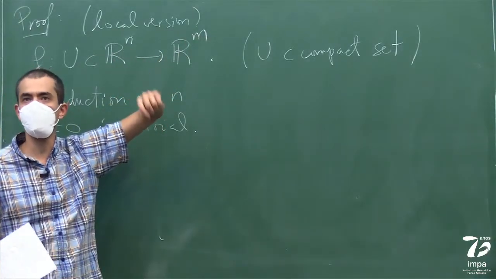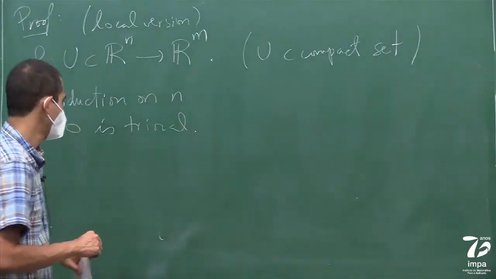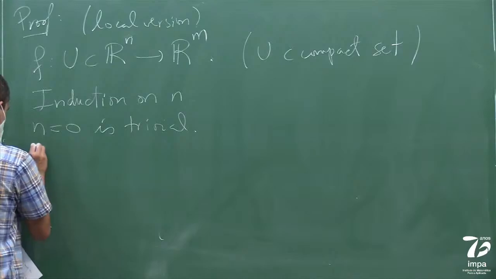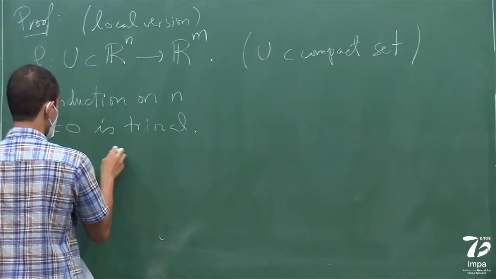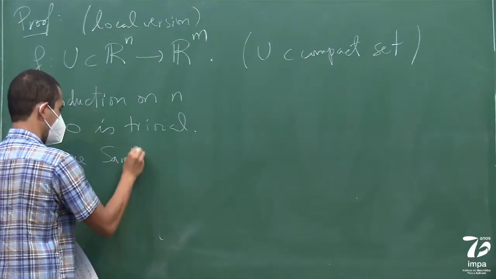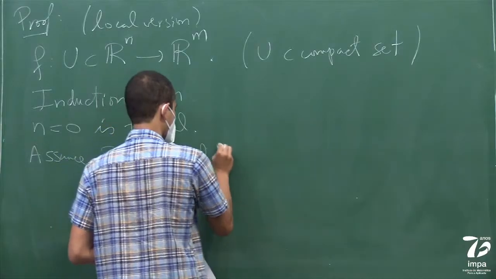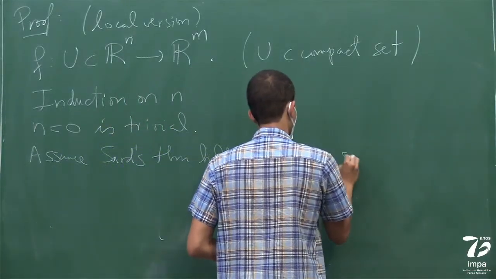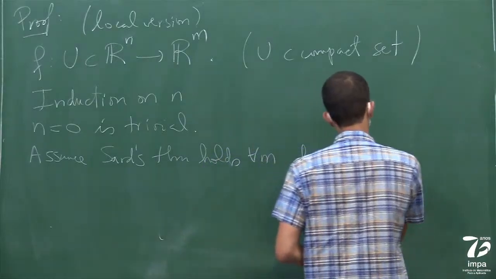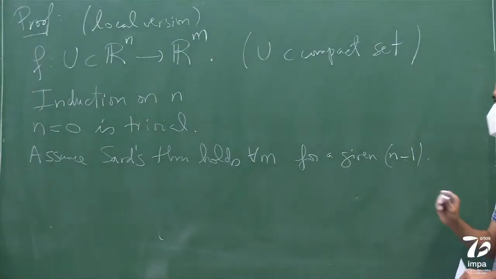And then we'll show that we can go to n plus 1. So we assume Sard's theorem, or at least the local version, holds for every m for a given n minus 1, and we are going to show that it also holds for n.